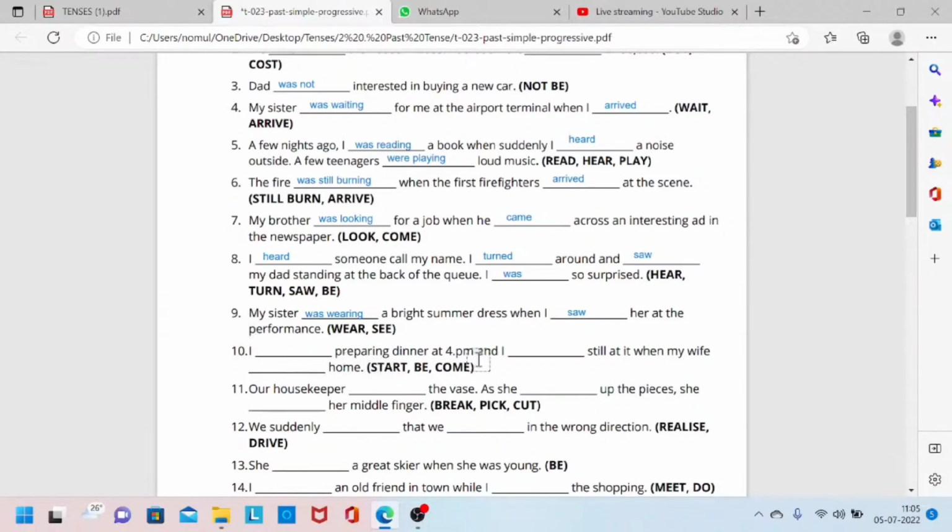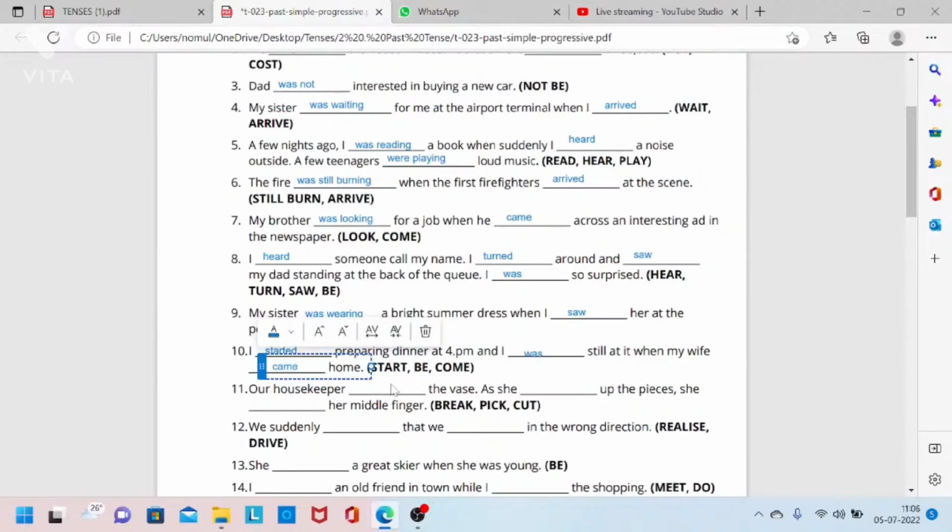And 10th one. I ___ preparing dinner at 4 p.m. and I ___ still at it when my wife ___ home. So here, I started preparing dinner at 4 p.m. and I was still at it when my wife came home.